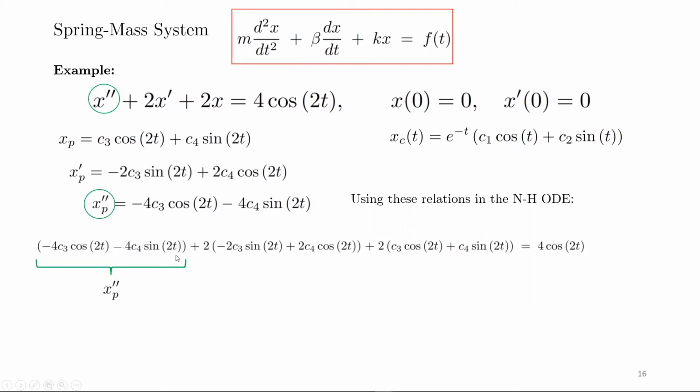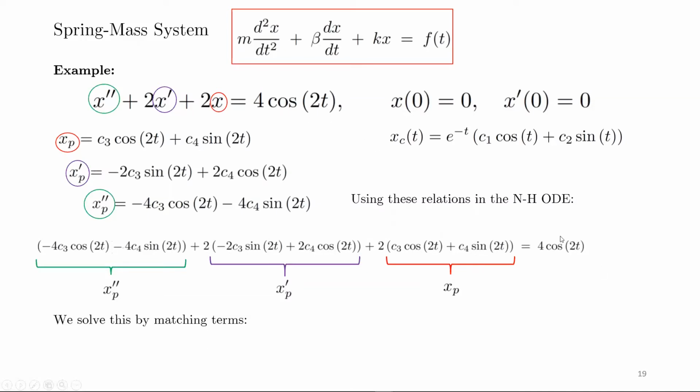The next term is 2 times x prime of the particular solution, which we wrote down here. Then we had 2 times x itself, so we get 2 times xp, and of course the right hand side is just the non-homogeneous term, 4 times cosine of 2t.